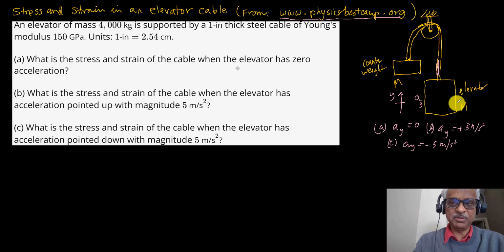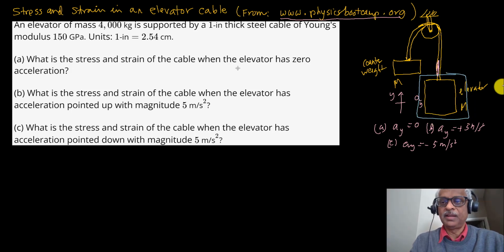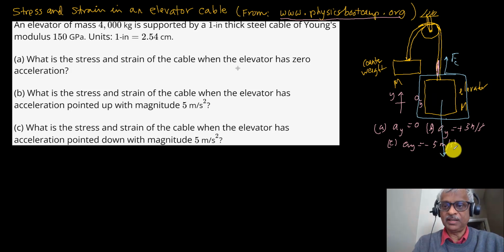Okay, so let's see what the question is about: not the elevator itself, but what's happening in the cable. But we're going to use the elevator's motion to figure out what's going on in the cable. So the elevator has zero acceleration. If I think of this as a system, you have a force in the cable pointing up, and gravity pointed down, mg.